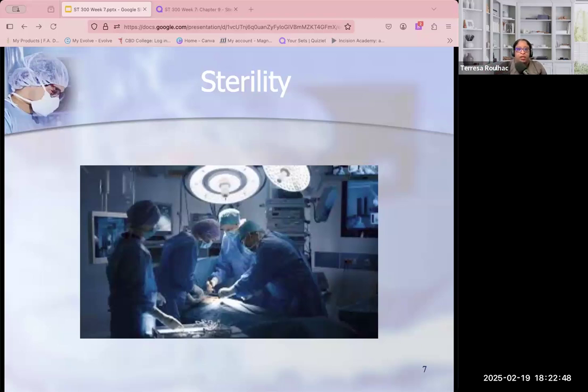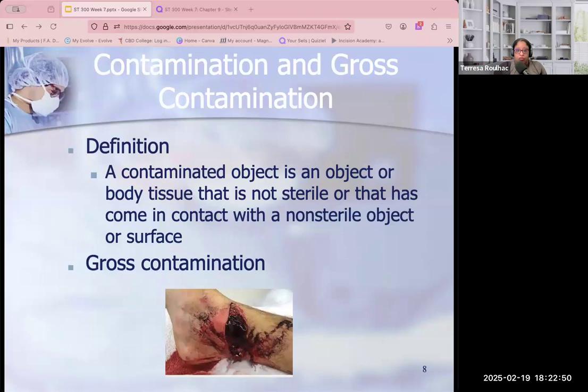Now, contaminated objects. Let's think about it. An object or body tissue that is not sterile or has come into contact with a non-sterile surface or item is going to be contaminated. But we have to differentiate contamination from gross contamination. I have an image up there.